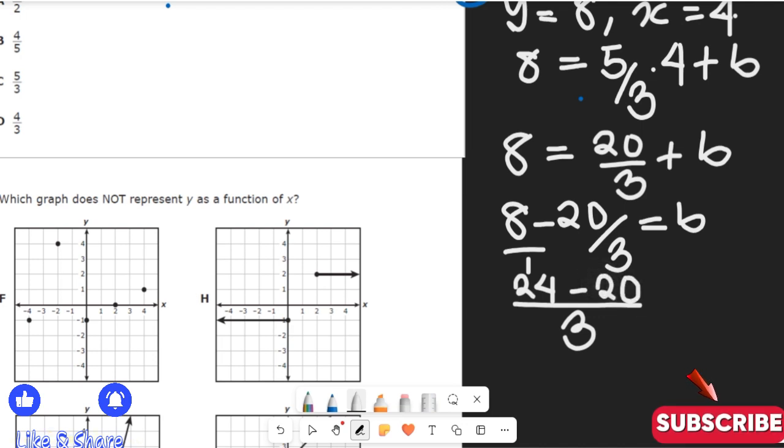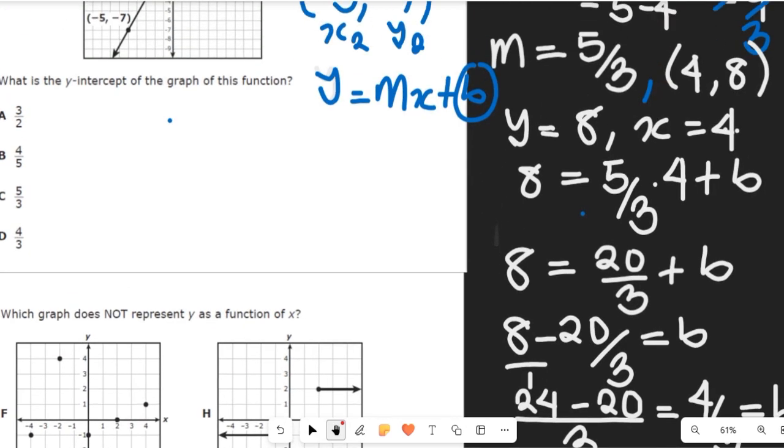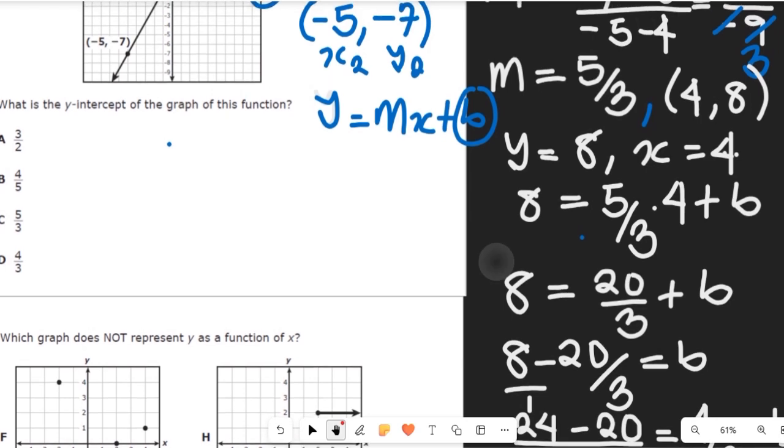So this gives us 24 minus 20, which is 4, divided by 3, which is the value of our intercept b. Do we have it in the options? Of course, yes, we do have it in the options, and that is D.